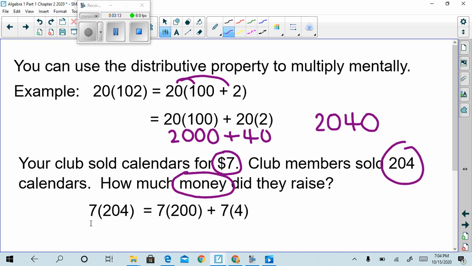So let's take a look. If I sold 7 times 204, well, that's not a difficult problem to multiply. However, I can break 204 down to 200 plus 4. So 7 times the 200 plus 4.